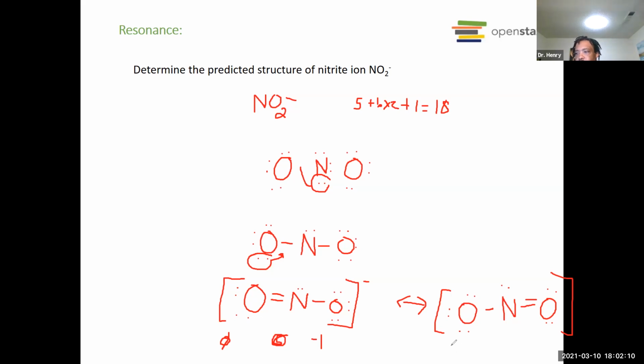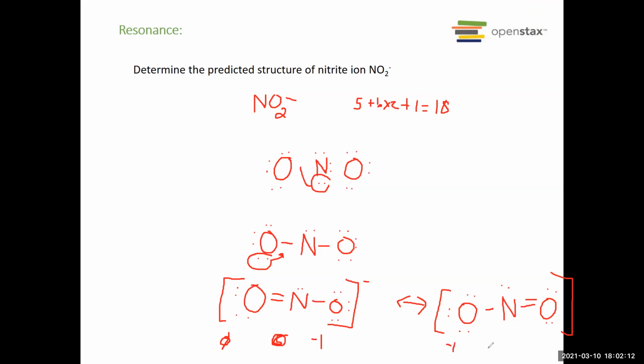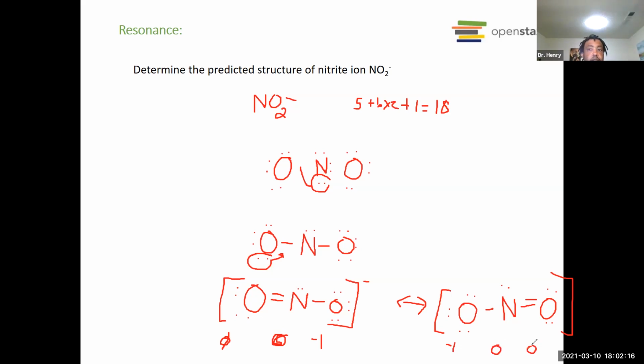On this side, this one is going to have a -1, this one a 0, and this one a 0. So both of these structures kind of exist. The electron is moving from one oxygen to the other oxygen, back and forth, right? And it's going to be more on the oxygens than on the nitrogen.